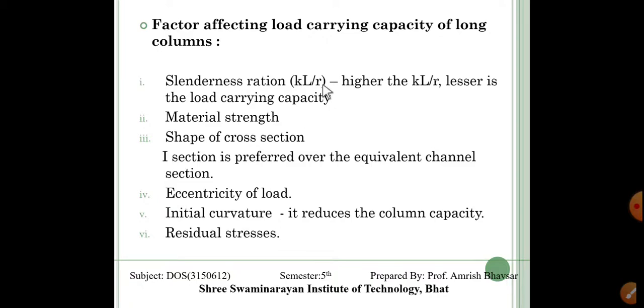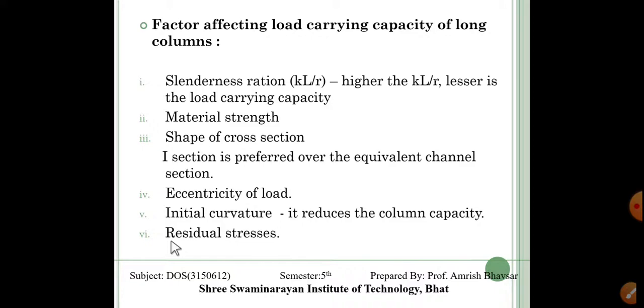Slenderness ratio: higher the slenderness ratio, lesser the load carrying capacity. Material strength, shape of the cross section: I section is preferred over the equivalent channel section. Eccentricity of load, initial curvature: it reduces the column capacity. And the residual stresses are also there.